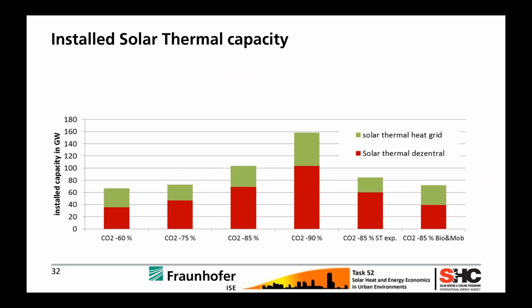And having, I think it's one of the last slides, a look at the installed capacity we see in our scenarios, for sure it's increasing depending on our goals, and the capacity is changing between, let's say, 60 to, in this very optimistic scenario, up to 160 gigawatt. And what you see as well, if you don't achieve the cost reduction goals we have to achieve, then for sure solar thermal will go down, and so solar thermal is definitely in competition with other renewable solutions.